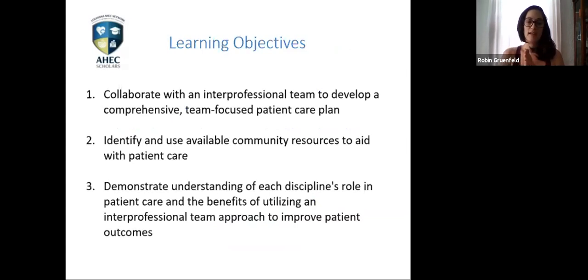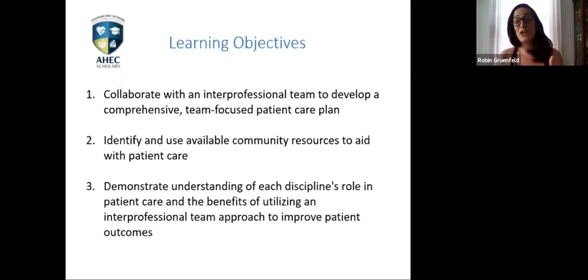My hope for today is that we'll collaborate with an interprofessional team to develop a comprehensive team-focused patient care plan that will identify and use available community resources to aid with patient care. I think a lot of times when we do these simulations, unlike in real life, we think about the clear-cut parameters of what's on the page.